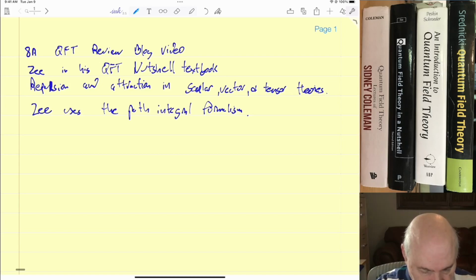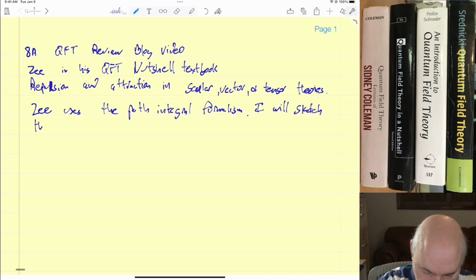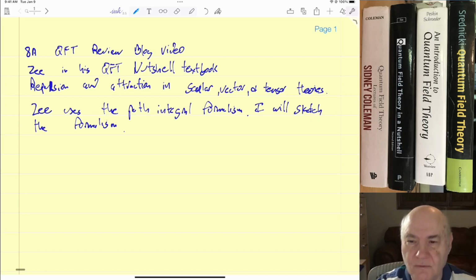I'll outline this formalism. I'm not going to derive it, I'll just sketch the formalism. And we'll try to see what's the difference between the spin 0, spin 1, and spin 2 theories.